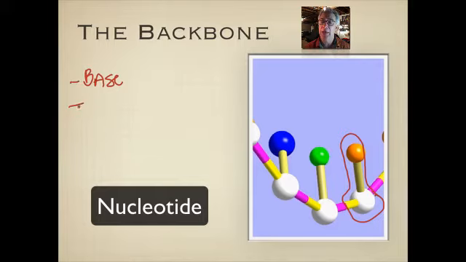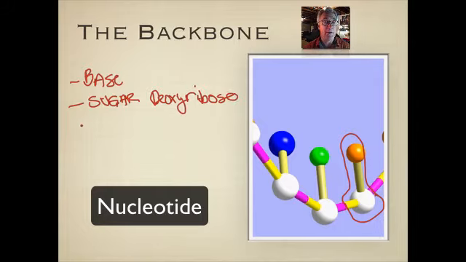It also has a sugar, and in this case, it's deoxyribose. That is a different kind of sugar, because when we look at RNA, it's going to be ribose.